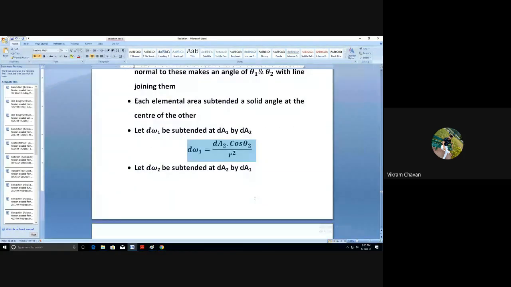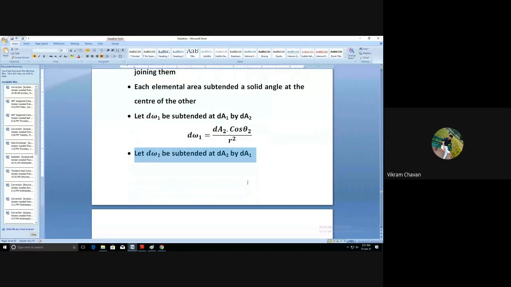And next, let d omega 2 be subtended at dA2 by dA1.